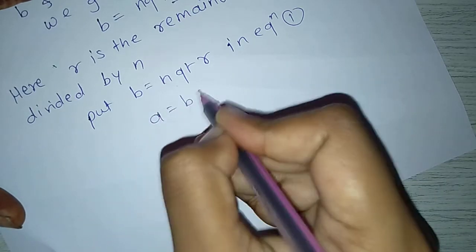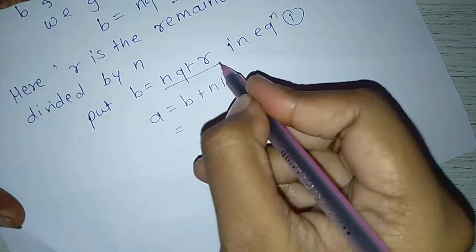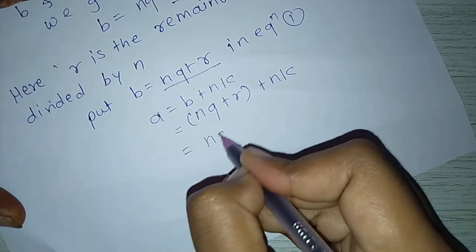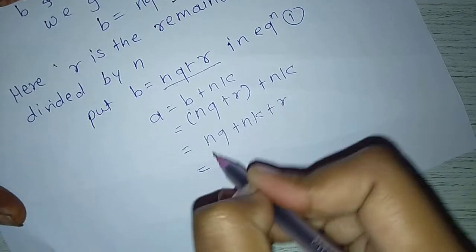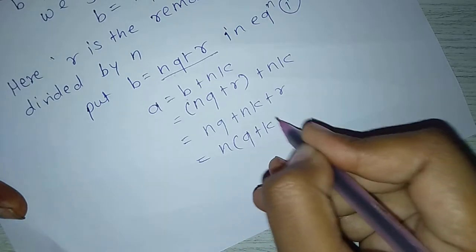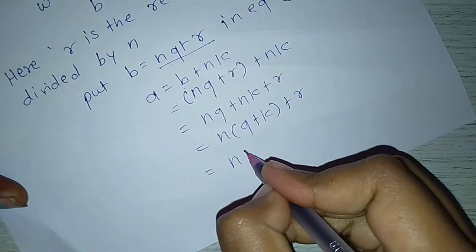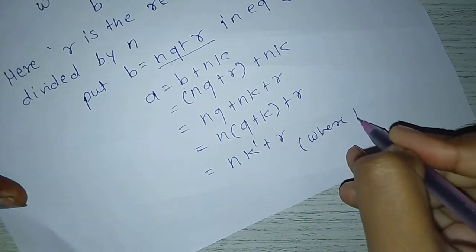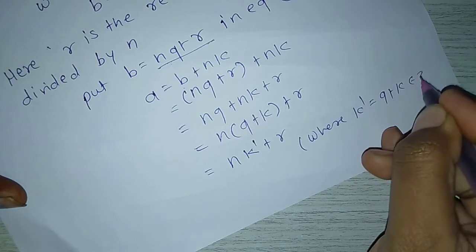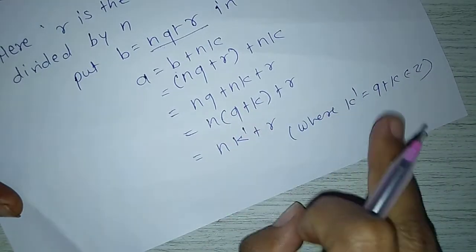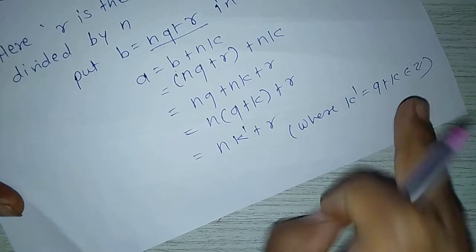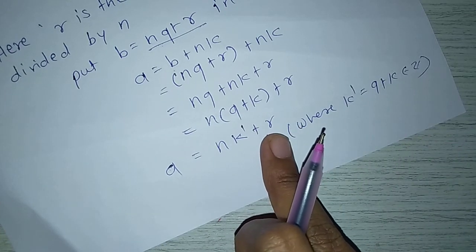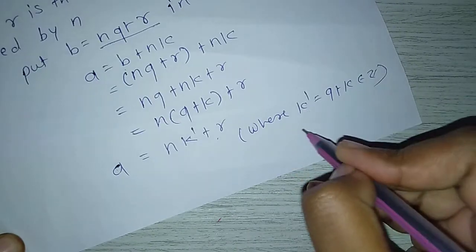Therefore a equal to b plus nk equal to nq plus r plus nk, which is equal to nq plus nk plus r. Take n common, n into q plus k plus r, that is nk dash plus r, where k dash equal to q plus k belongs to Z. Here q, k belongs to Z, therefore their addition also belongs to Z. a equal to nk dash plus r means r is the remainder. Give as equation number 3.